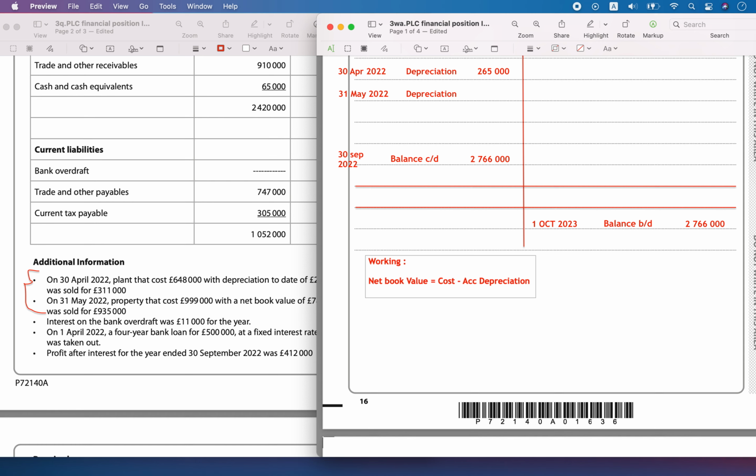So the accumulated depreciation is equal to cost minus the net book value.